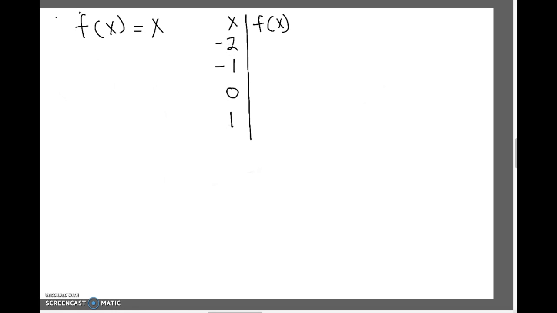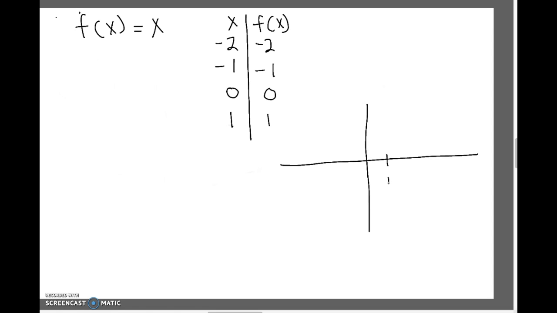If we plug -2 into this function, we will get back -2. If we plug in -1, we'll get -1; 0 gives 0, and 1 gives 1. So now we can draw our coordinate axes and try to find a graph for this function.